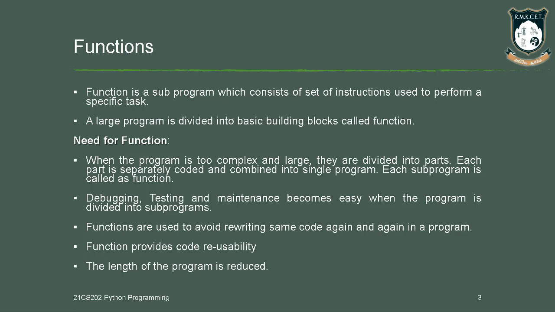And if we need to use some set of code again and again in the same program or in other programs, we can go for functions. Also, by using functions we can reduce the length of the program. So these are the 5 different needs to use a function in a program.